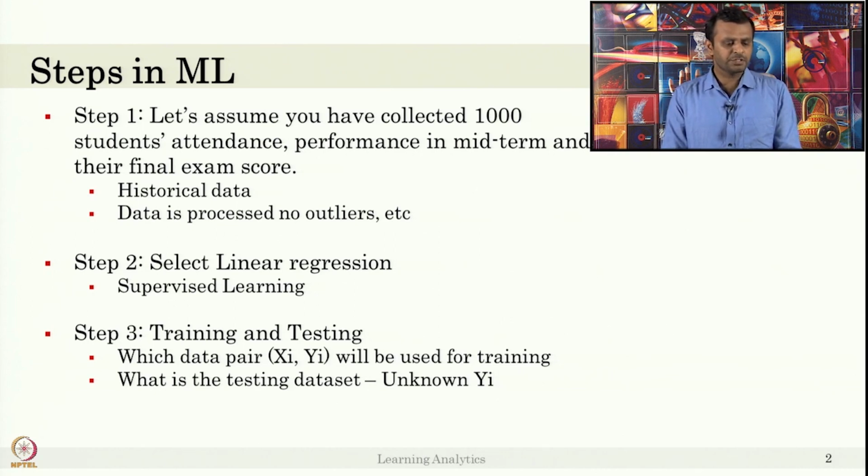In step 1, let us assume you have collected 1000 students' attendance, performance in a midterm, and also the final exam scores. Since I mentioned 1000 students, you may not have 1000 students in the current class. So, you have historical data, say students across 10 departments or 5 departments, or their scores across multiple courses.